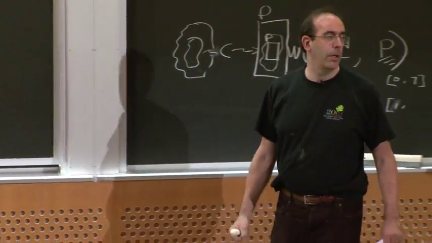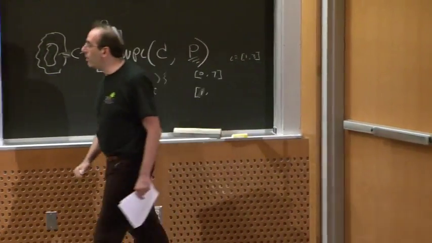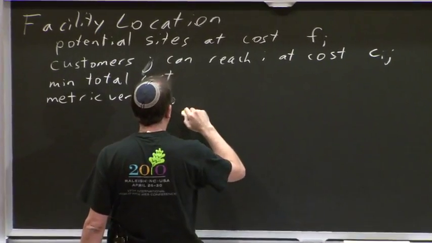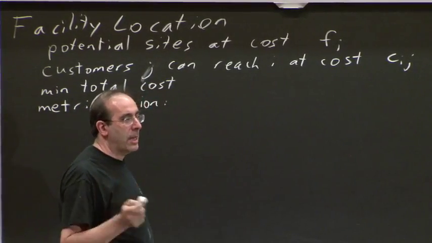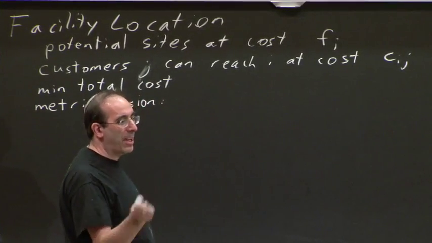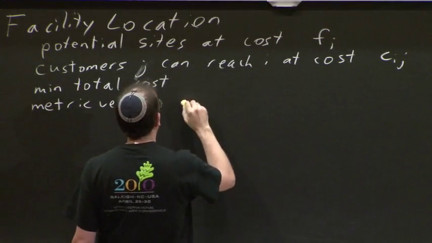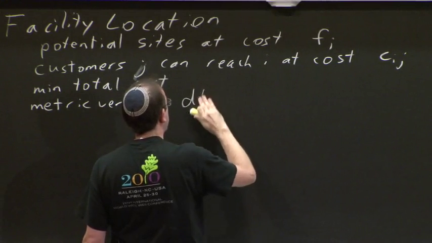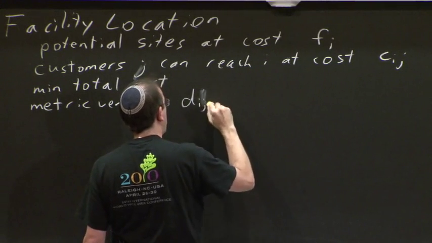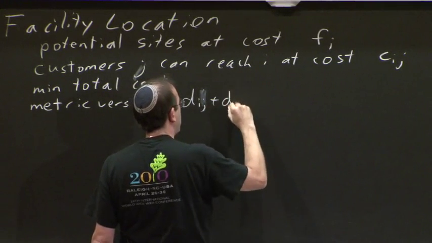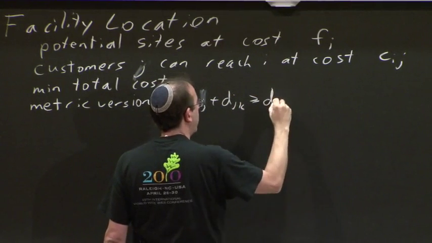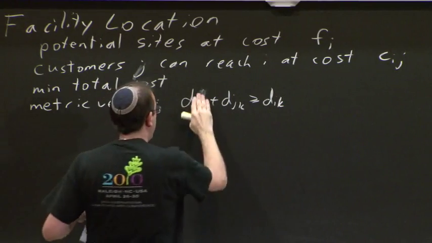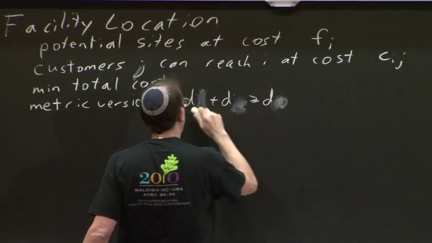Yeah. What exactly is the triangle inequality? So essentially, notationally it's a nightmare to write down because we have both customers and facilities, right? But if I just say the distance from A to B plus the distance from B to C is greater than the distance from A to C, those are better letters since i, j, k are already taken.